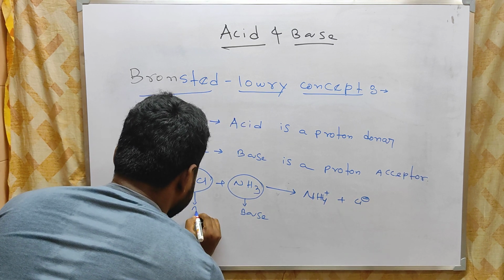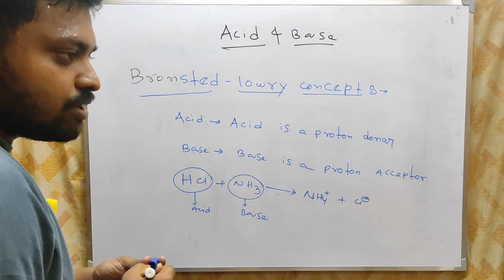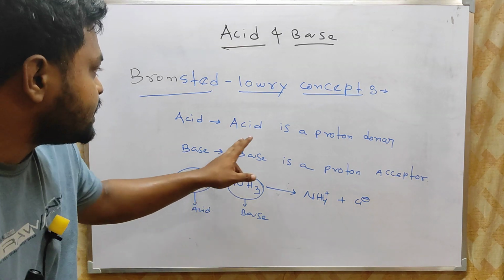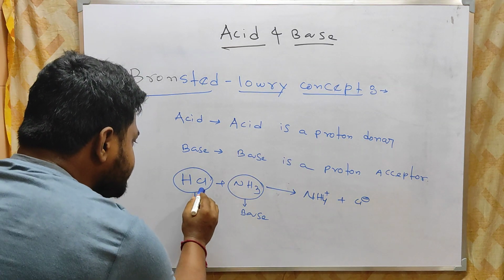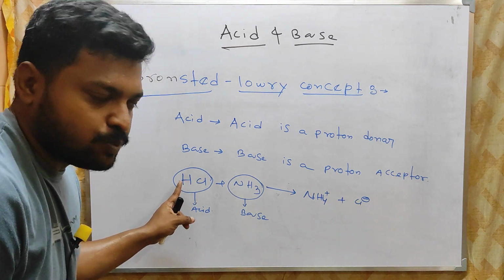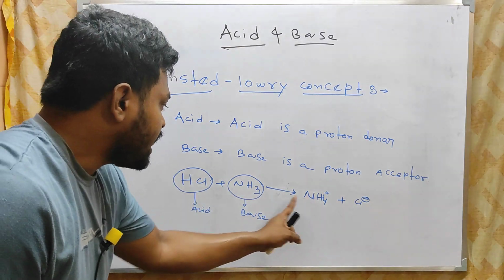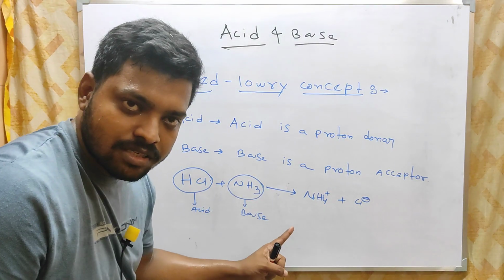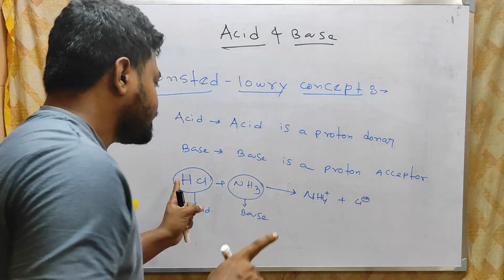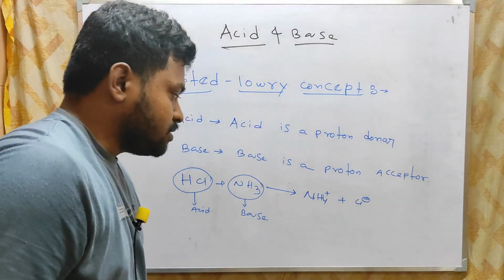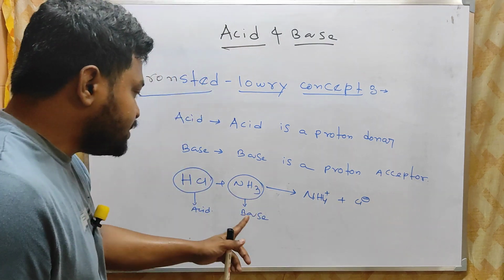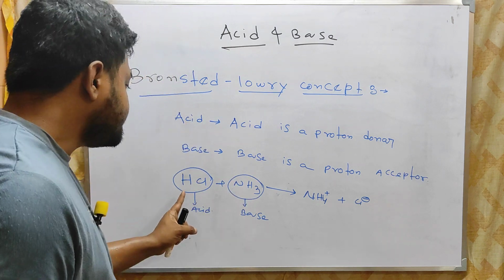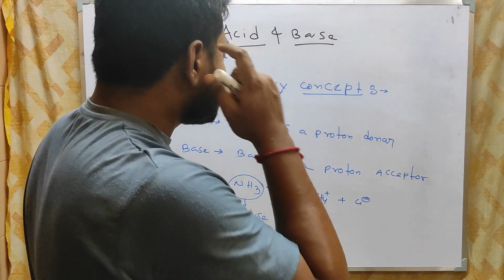Bronsted-Lowry said that acid is a proton donor. So HCl acts as a proton donor. Proton, H plus, is donated to ammonia, and ammonia after accepting this proton forms ammonium ion. So ammonia acts as a base because ammonia accepts a proton and HCl donates a proton.